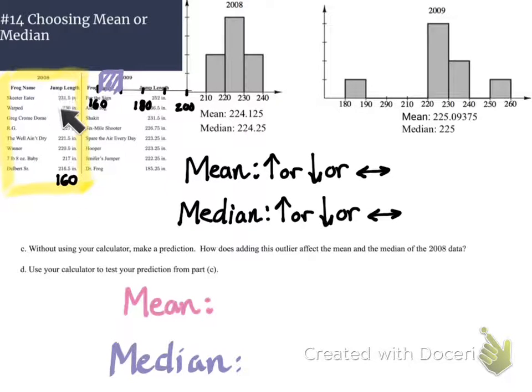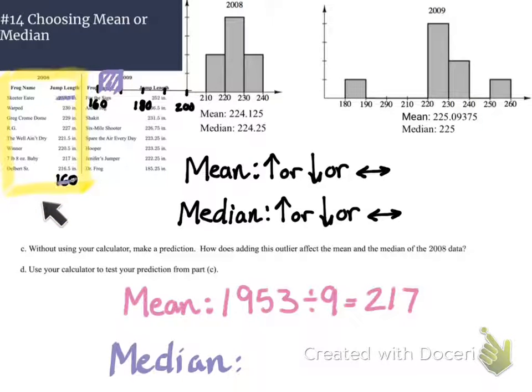So we're going to add up all of our numbers and divide by 9. That gives us 217. And the median, now we just have to find our middle number. So we're going to cross out the high, cross out the low, cross out the high, cross out the low, and it will take us to our median, or our middle number, 221.5.